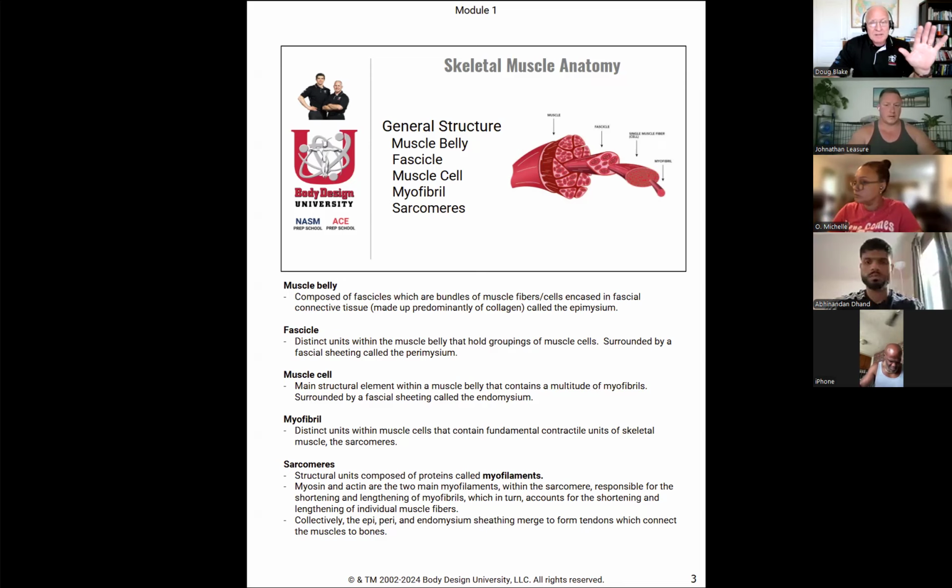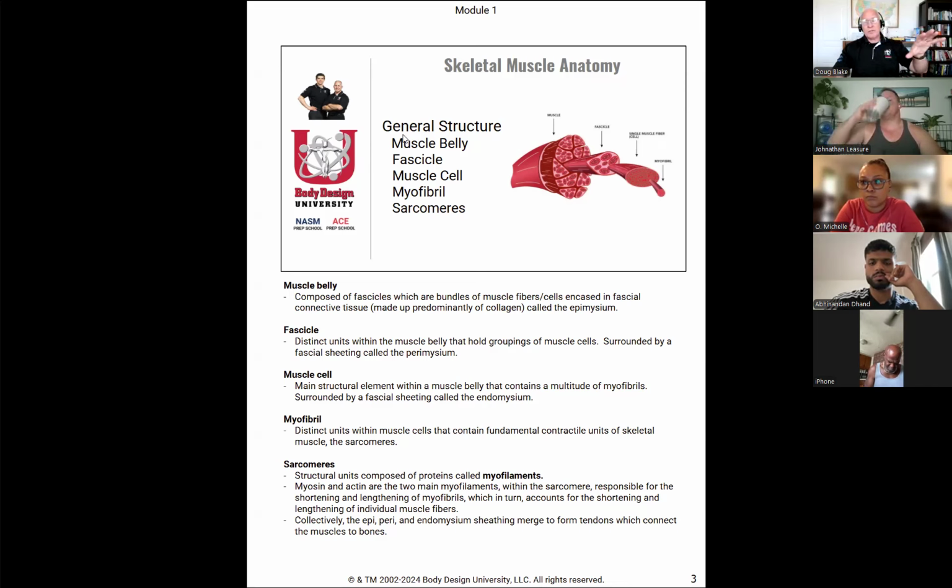We always talk about this as skeletal muscle, folks. Remember, this is in contrast to smooth muscle tissue like your intestines, and cardiac muscle tissue, obviously your heart. So we're very specific about this. We're talking about skeletal muscle and the anatomy of the skeletal muscle.